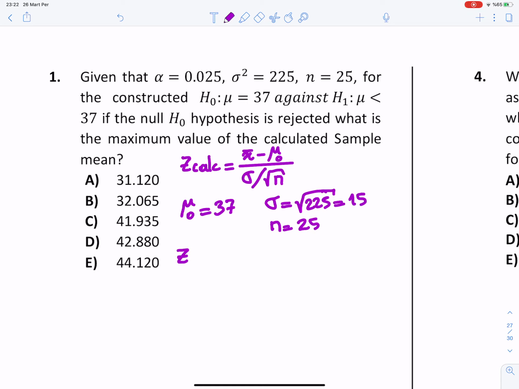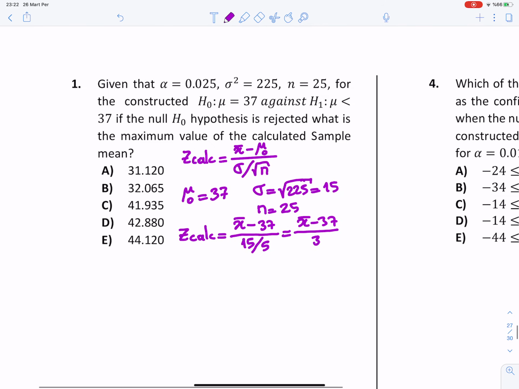The Z calculated statistic is x bar minus 37, divided by 15 over the square root of 25, which is 5. So you divide 15 by 5, and you end up with x bar minus 37, divided by 3. The x bar is unknown; this is the question, the maximum value of the sample mean.